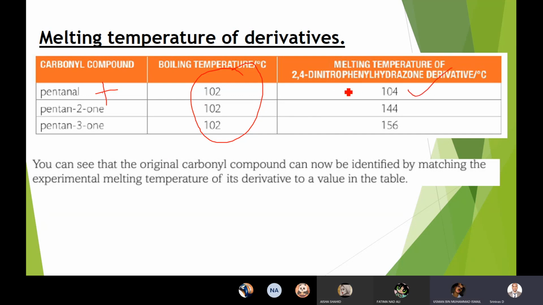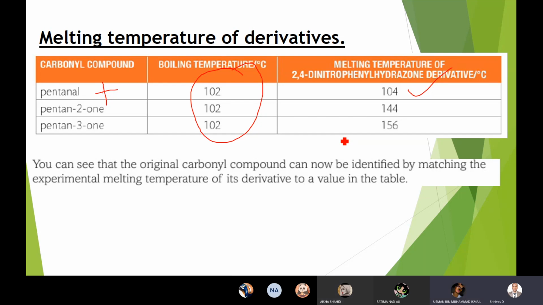If it melts at 104 degrees centigrade, the initial compound is pentanal. If it melts at 144, it is pentan-2-one. If it melts at 156, it is pentan-3-one.